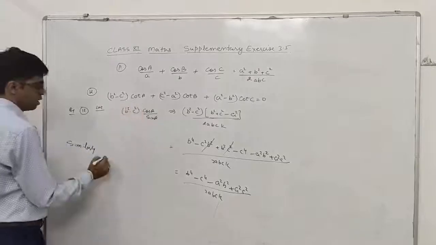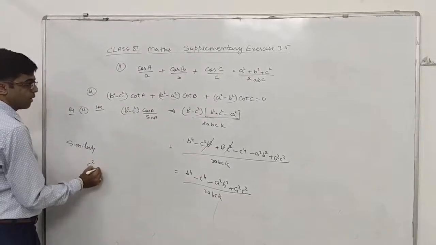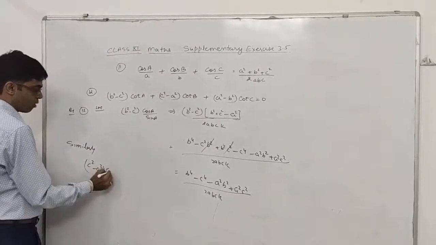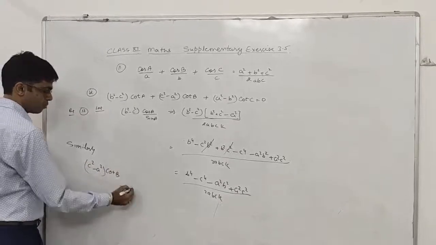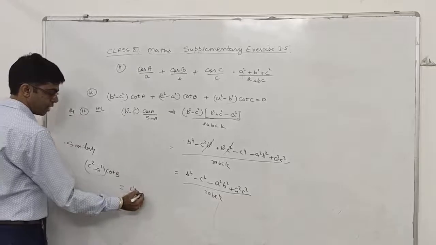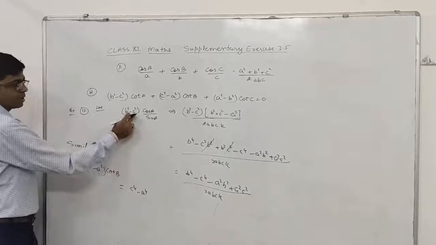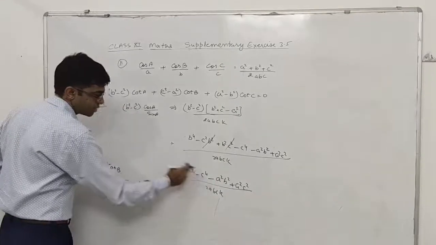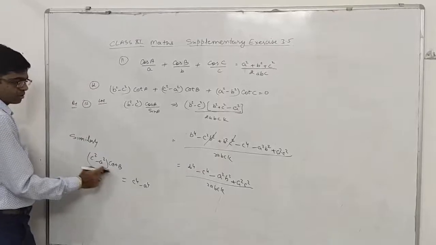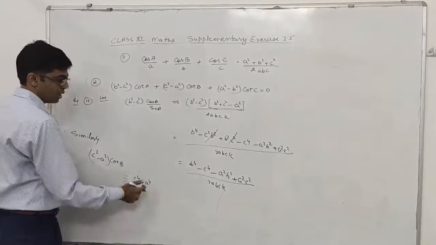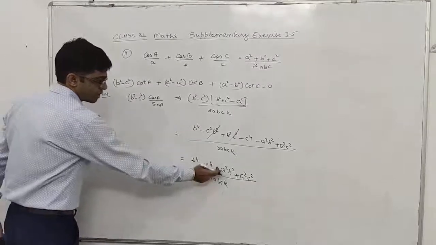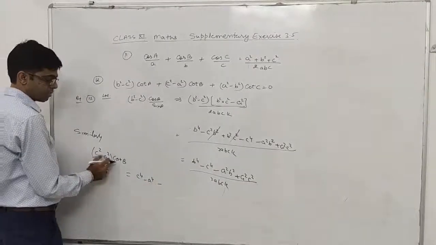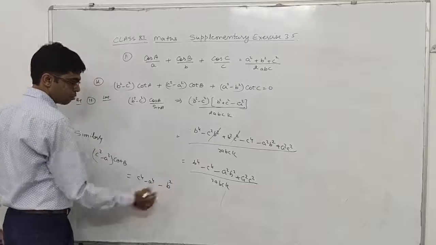So similarly the next is c square minus a square times cot b. We can write this as c raised to power 4 minus a raised to power 4, because here it was b square minus c square, so we wrote b 4 c 4. Similarly c square minus a square gives c 4 a 4, and then minus the term which was not present, which is b square.